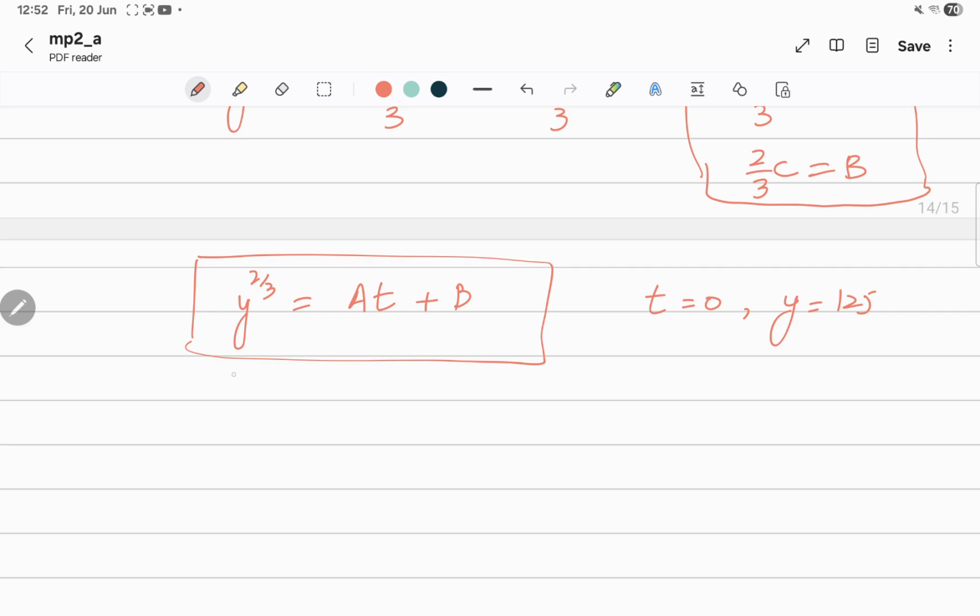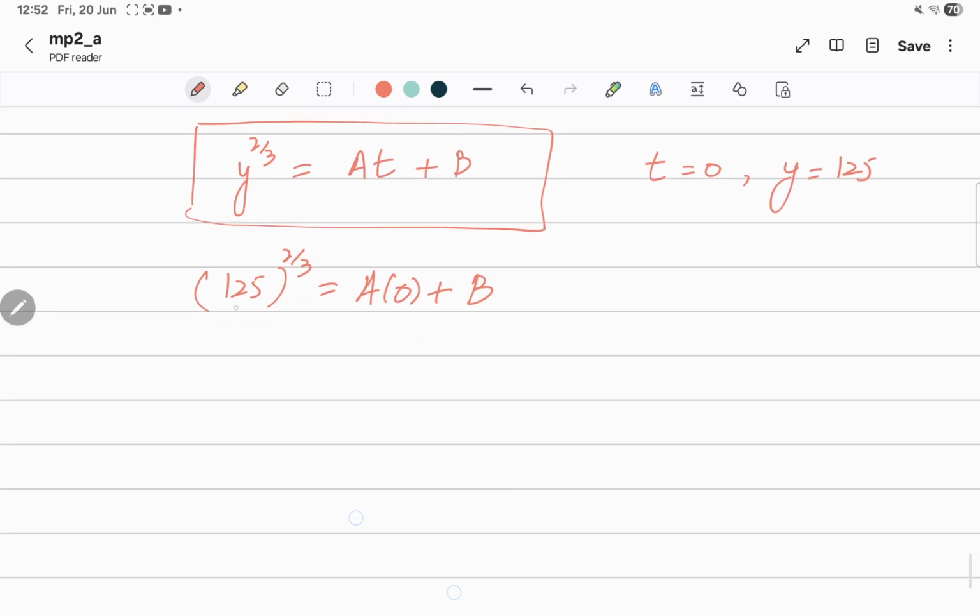If you put these values in, 125 to the power 2 over 3, a times t is already 0, plus b. 125 to the power 2 over 3, if you apply the cube root on it, it will be 5, and 5 squared is 25. So if you put the left hand side on the calculator, it will be 25, and a times 0 is 0, so b is 25.